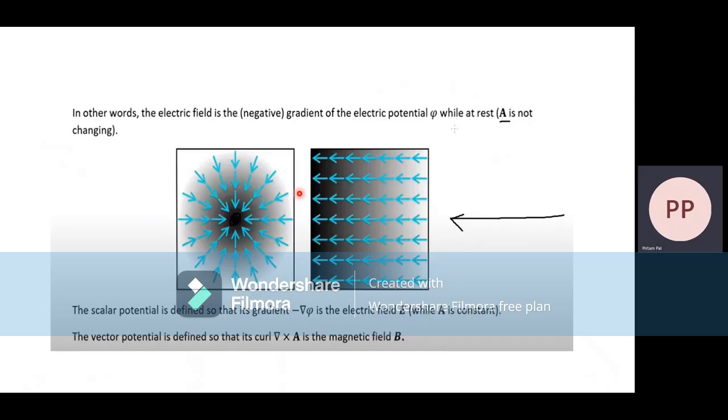Then the magnetic field, like I said, is the curl of this vector potential, and the vector potential is one of those things that you can't measure by itself.